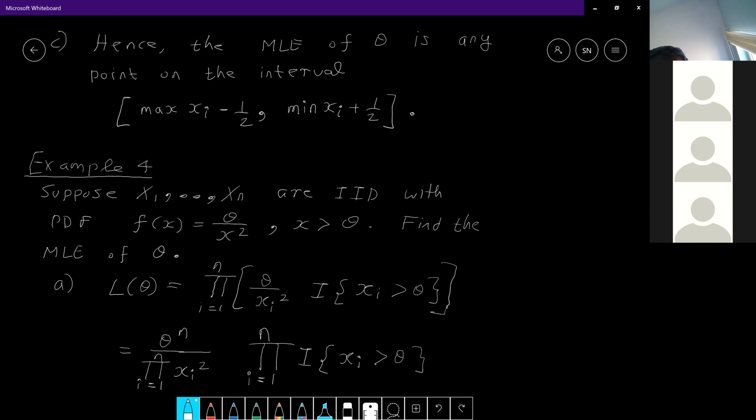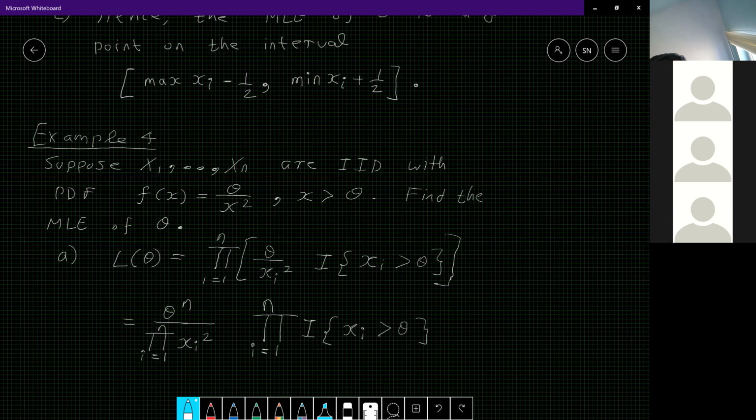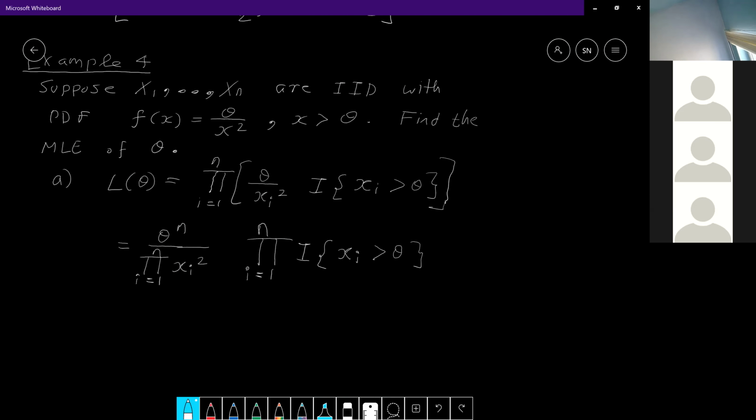Okay, now to simplify the indicator function, you can use the rule from earlier, but in this case, let me give you another rule, which may be easier to understand. The rule is as follows. You should have a product, i from 1 to n, of the indicator function of xi greater than, say, a.